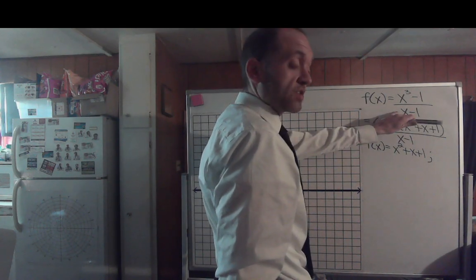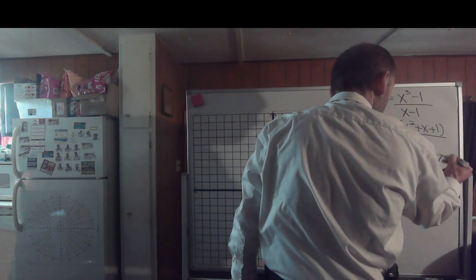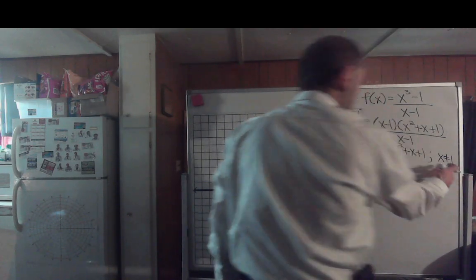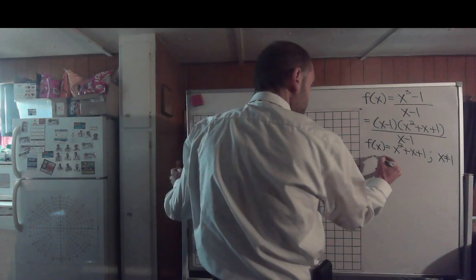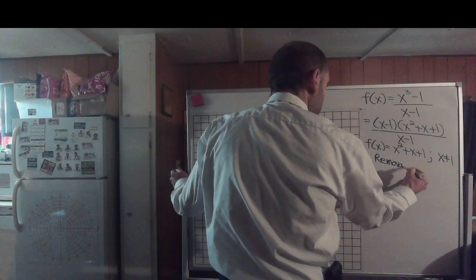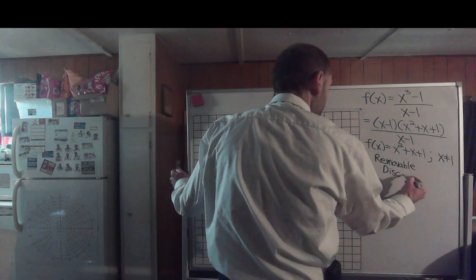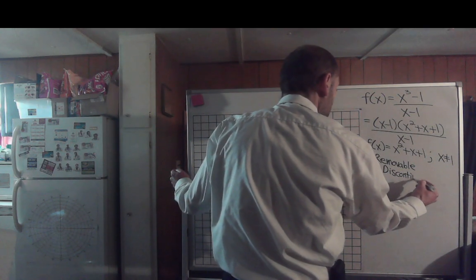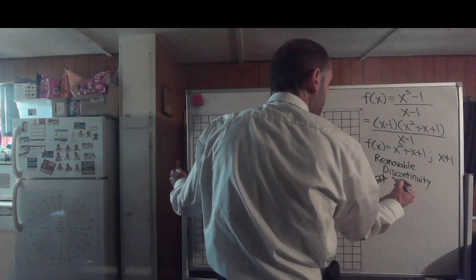Set x minus 1 equal to 0, you would get that x equals 1, so x cannot equal positive 1. X is not defined at x equals 1. That means you have a removable discontinuity at what ordered pair?